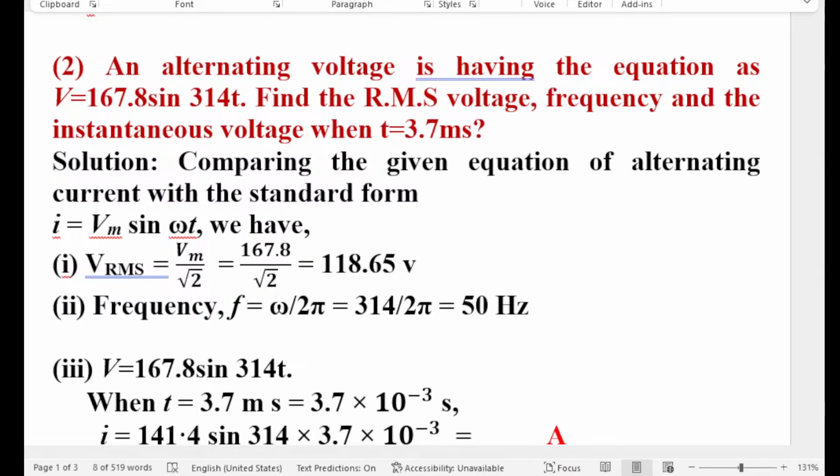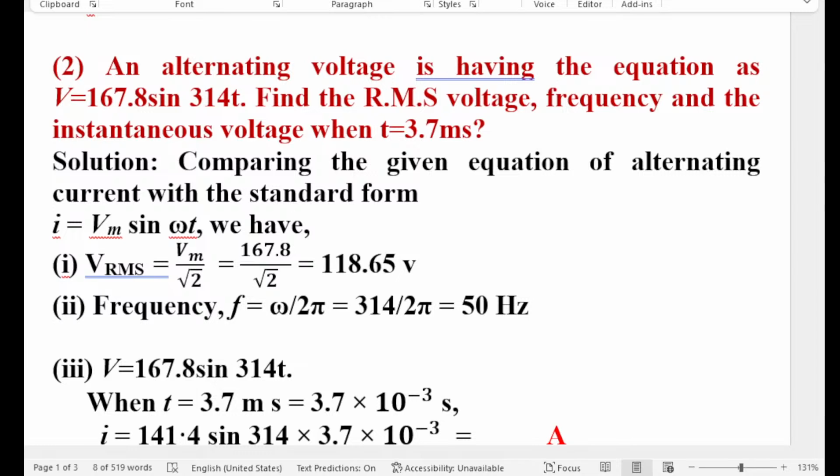An alternating voltage is having the equation V is equal to 167.8 sin 314t. So here, compare it with the general equation.